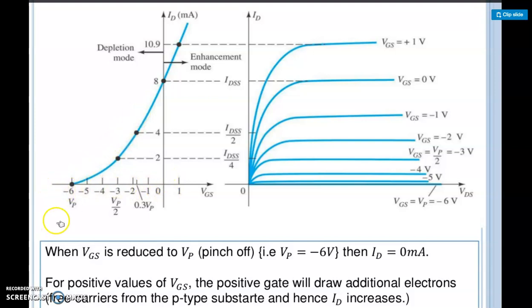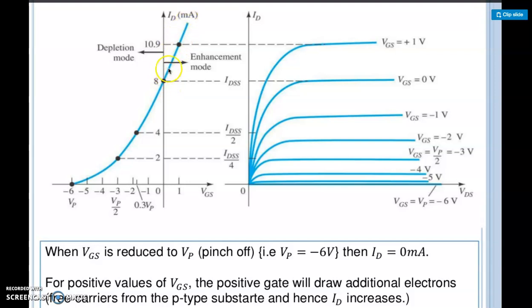This is the characteristic. We can operate the depletion type of MOSFET in enhancement mode also. Means we can apply VGS positive voltages also. If positive voltages are applied, then still the ID current increases.